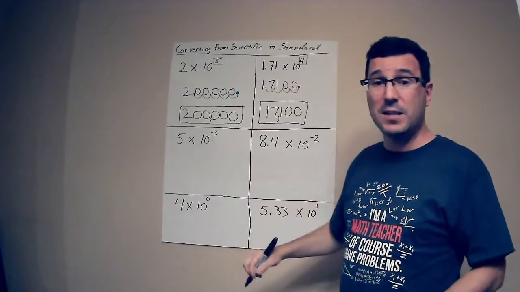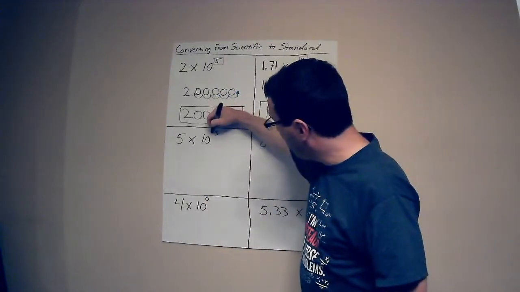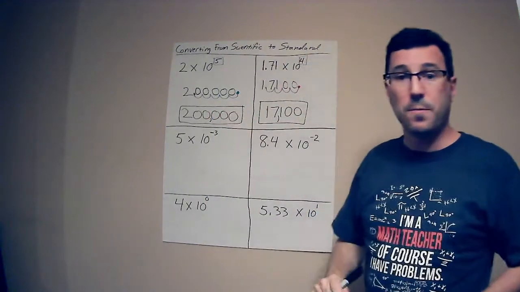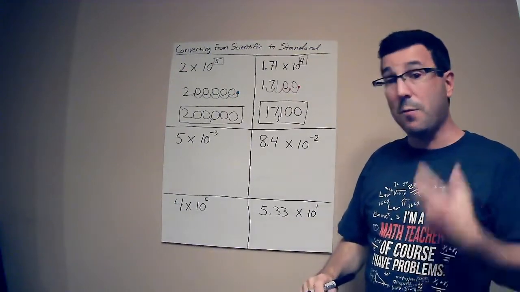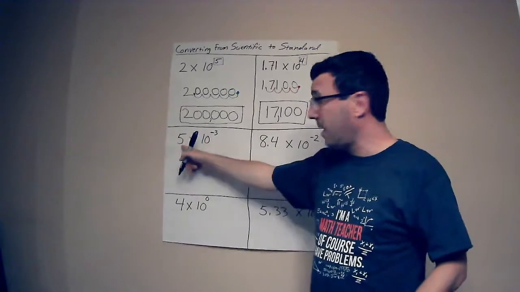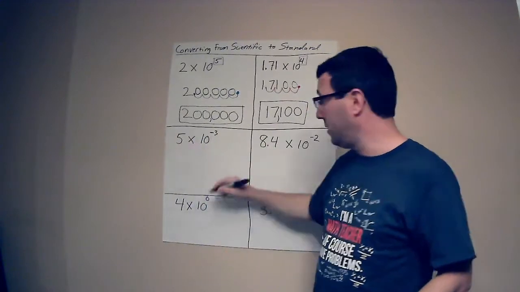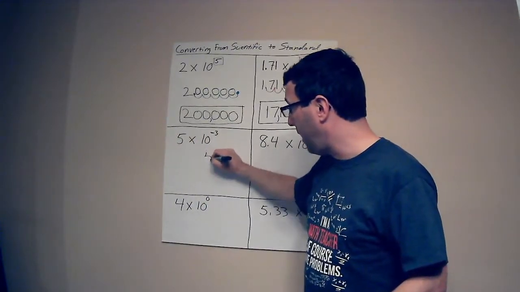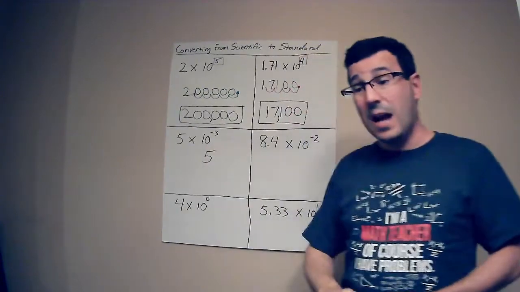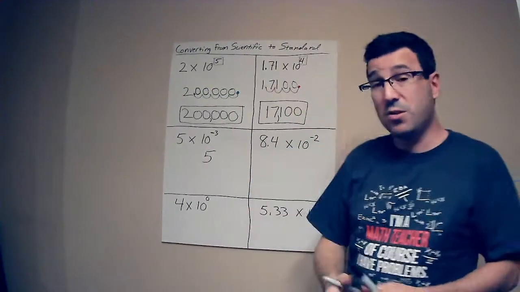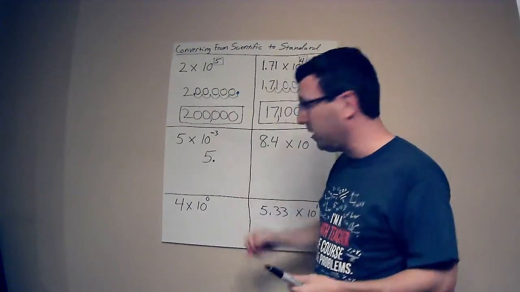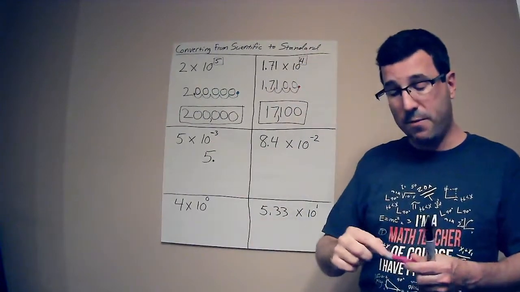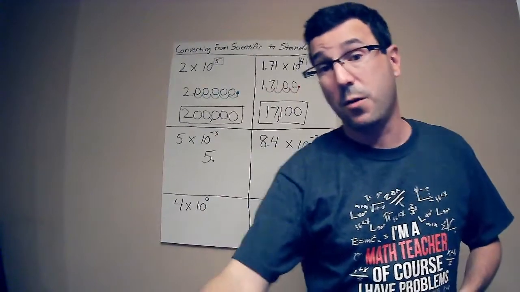Here, 5 times 10 to the negative 3. Make that negative a little more noticeable. Again, I'm going to do the same thing I've been doing. I start by writing down the number that's between 1 and 10. In this case, it's 5. I need to put a decimal there because there's no decimal, directly to the right of the number.